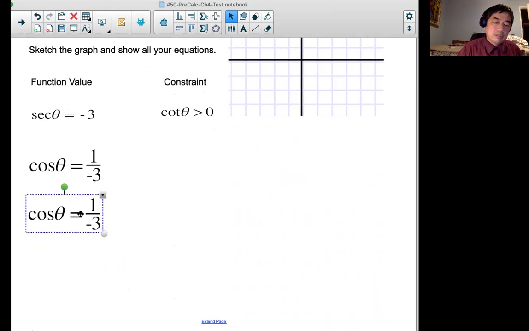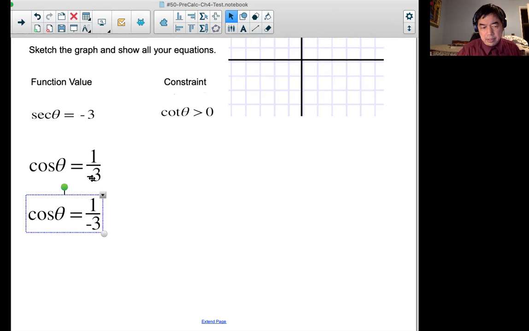Oh, let me see. Cosine, okay, I'm thinking a little bit right now because cosine is adjacent over hypotenuse, right?